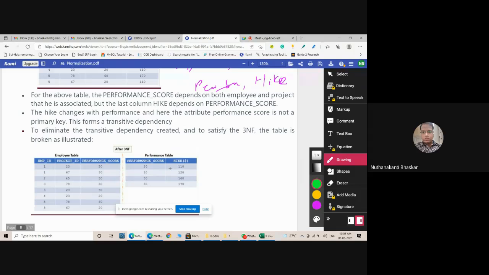What are the two conditions we need to check after decomposition? Dependency preservation and lossless join. Yes or no? After decomposition, using any normal form, you need to check dependency preservation and lossless join. Yes or no? Yes, sir.